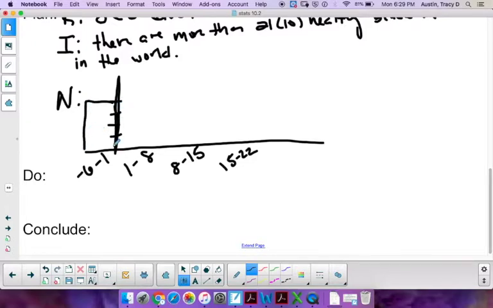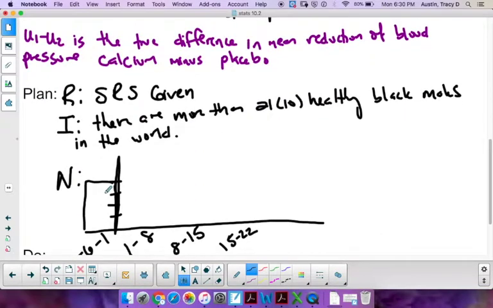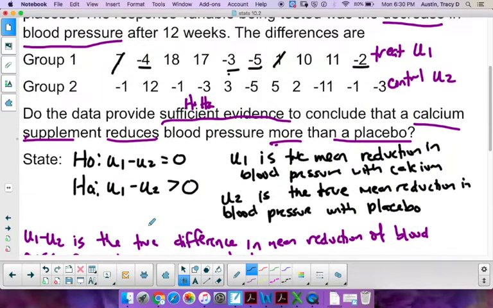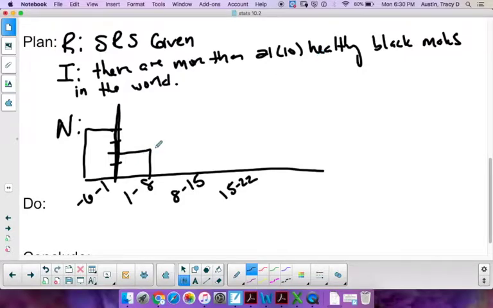All right, let's see, from 1 to 8: 1, 2. Okay. 8 to 15 is 2, and then 2 in the last group. Okay, so this is my first group. This is the treatment. Okay, so now we're going to do the control over here.